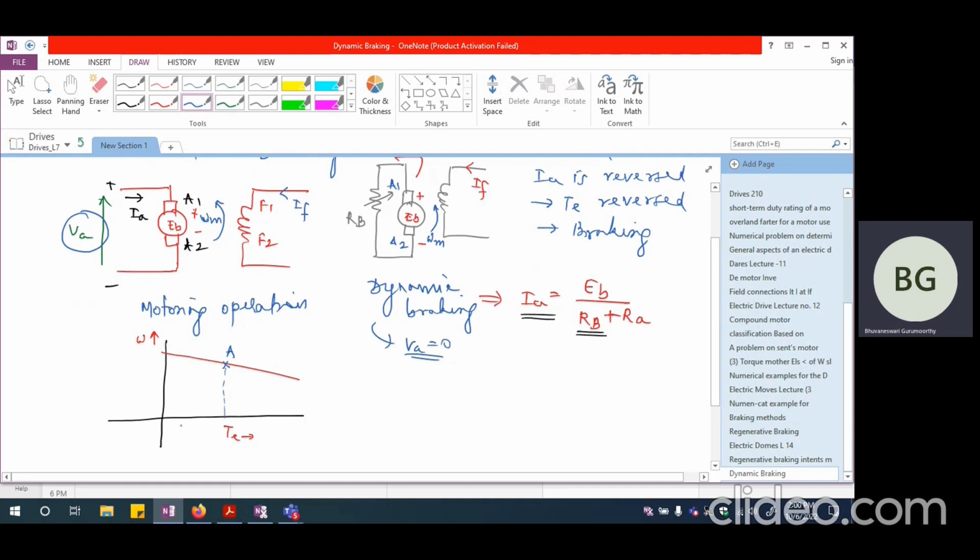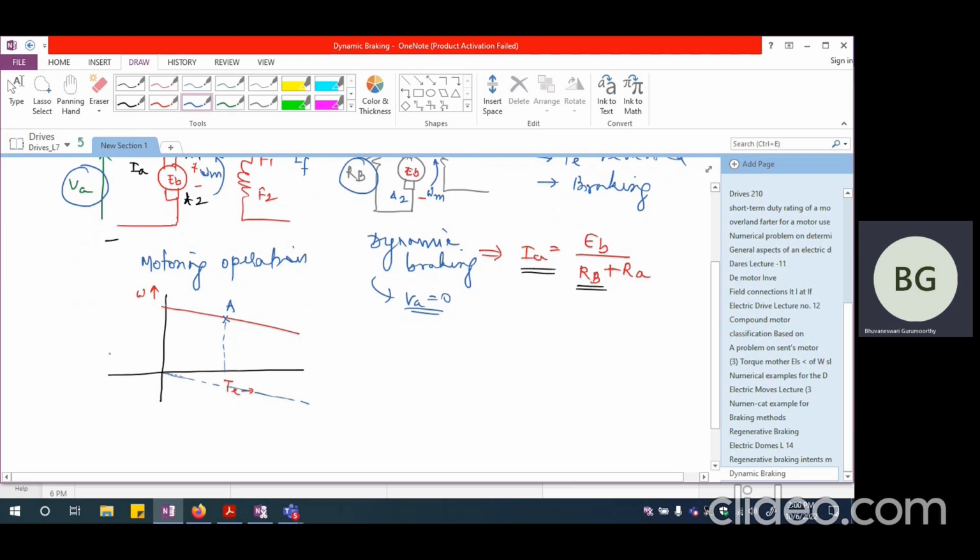So I have to draw a characteristic which will be parallel to this original characteristic, but starting from 0 voltage. But I have also included a large value of braking resistance. So if I include a large value of braking resistance, this should become steep.